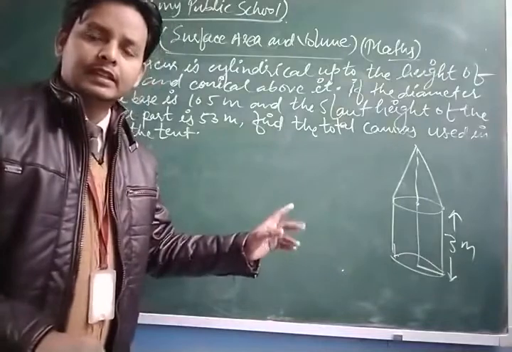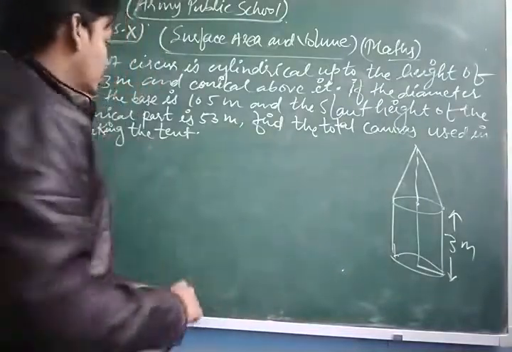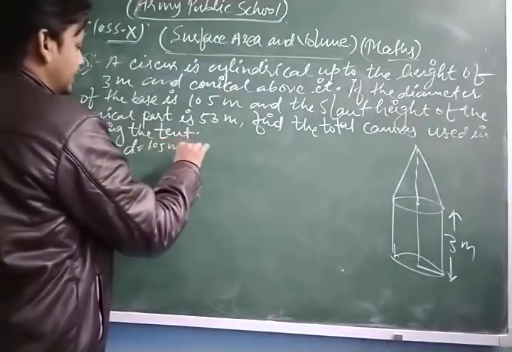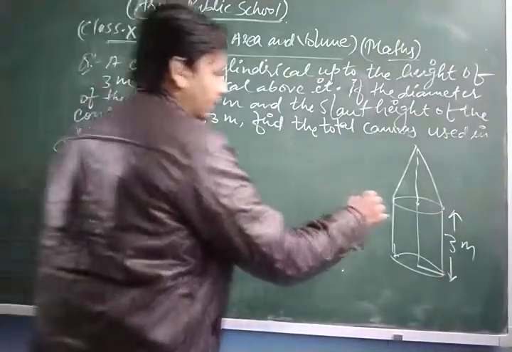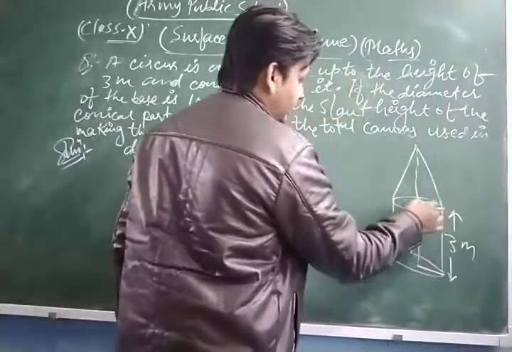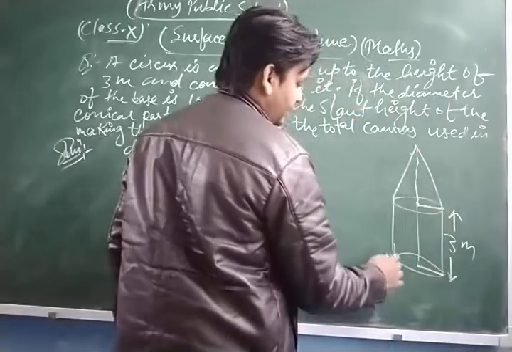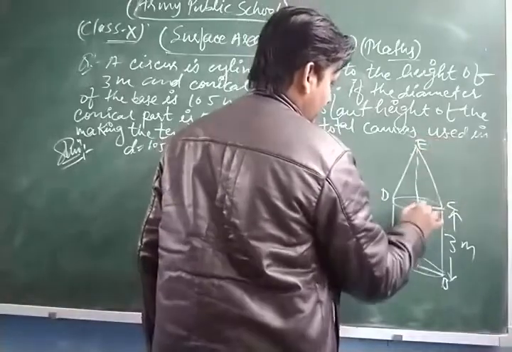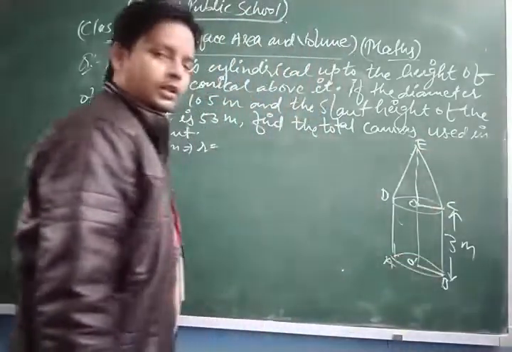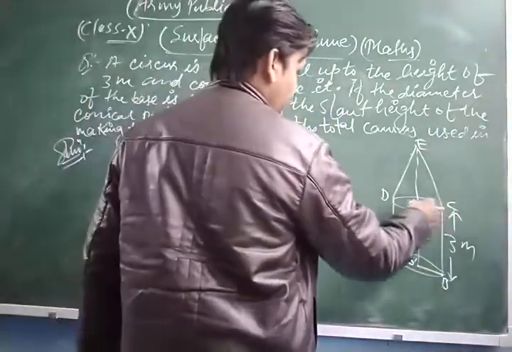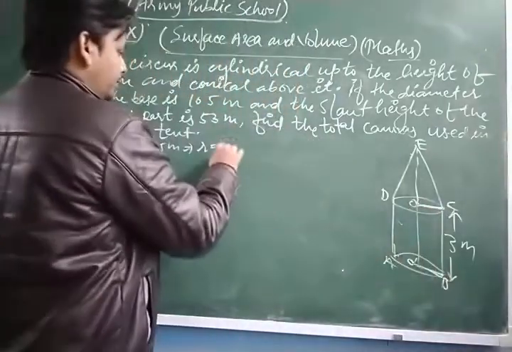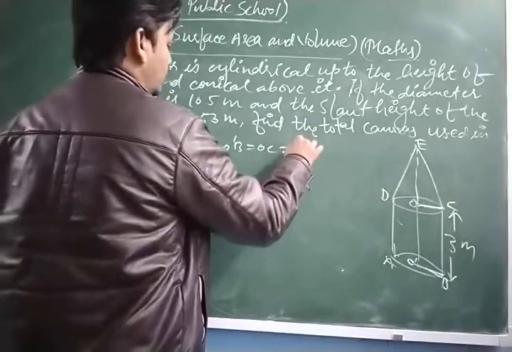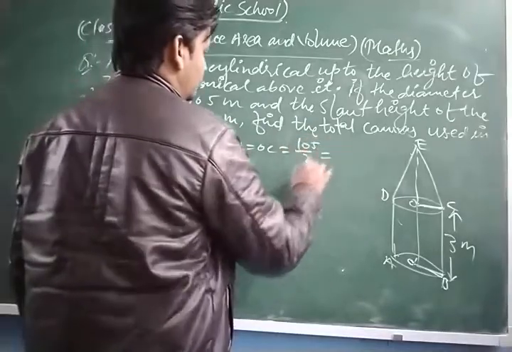The radius is half of the diameter. So the diameter is given as 105 meter, and the radius of the base of the cylinder as well as the cone will be the same, always. Let's see, A, B, C, D, E, O and O dash. So here OC is equal to O dash B, which is equal to 105 divided by 2.